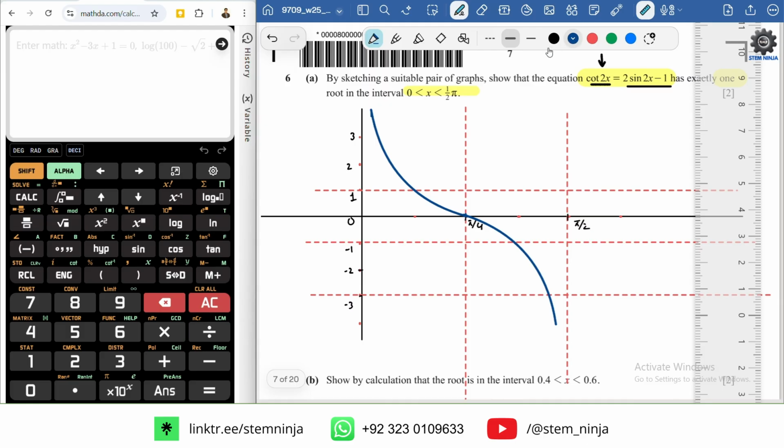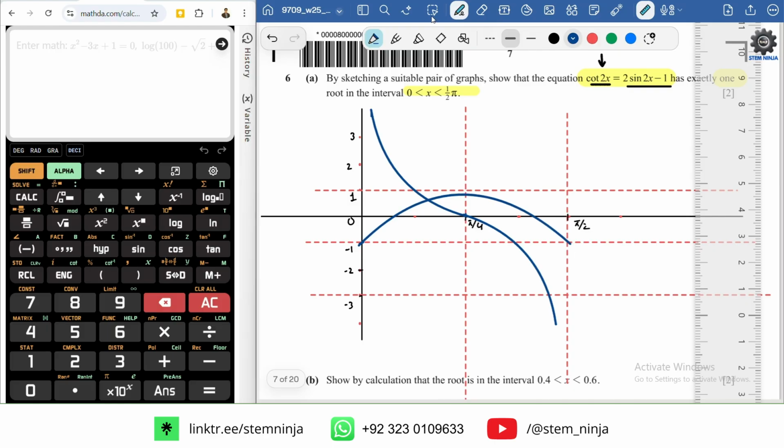But the sine graph, I'll use the same color. It's going to go from minus 1 to over here.